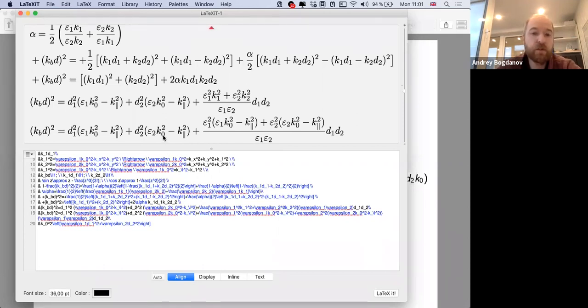This is okay. This is from these terms. Okay, and then from these terms, this is a little bit more complicated. What should I write here?